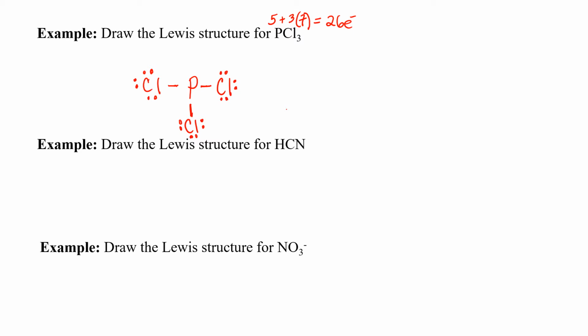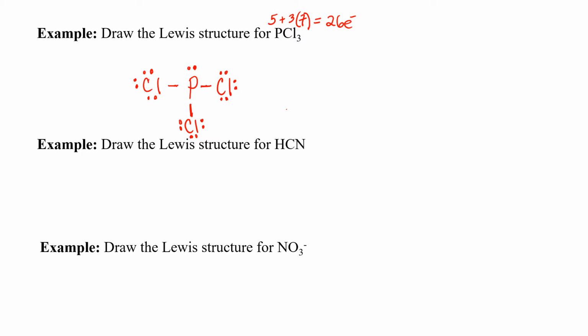Moving on, step 4 says if you have any leftover electrons, which we do, we had 2, we're going to put them on the central atom. Step 5, if our central atom does not have an octet, we're going to use multiple bonds. Well, look, our central atom has 8 electrons around it.